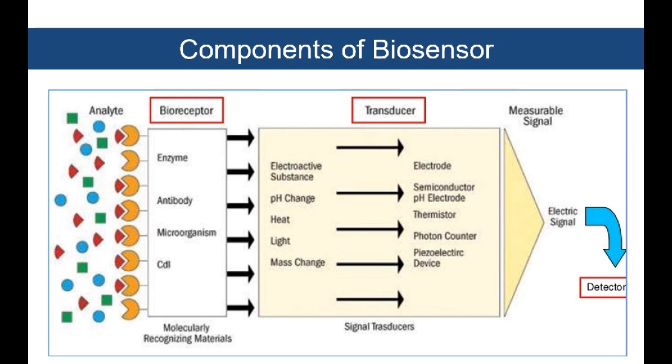That measurable signal is further transmitted and converted to the electrical signal quantity, and at last it is sent to the detector.